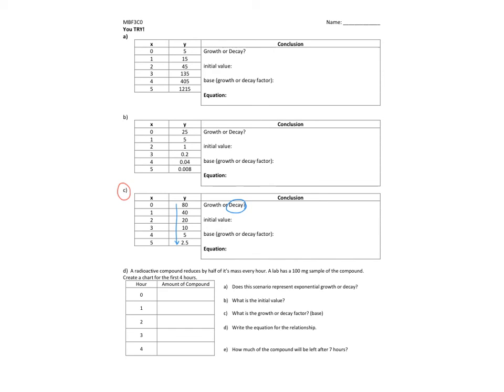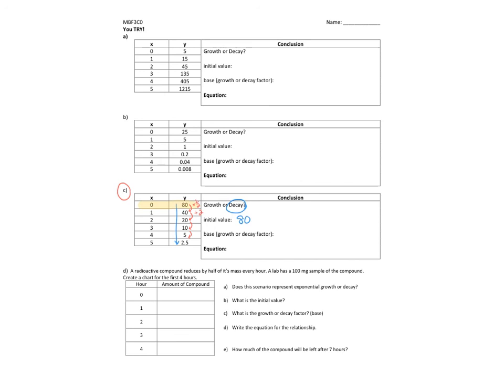Okay. Initial value is going to come from the place where x equals 0, the first row in the table often, and so our initial value is 80 in this particular one. And here, in terms of our growth or decay factor, hopefully you can see that these are sort of getting cut in half each time. Okay, so we can say that they're being multiplied by a half or divided by 2.